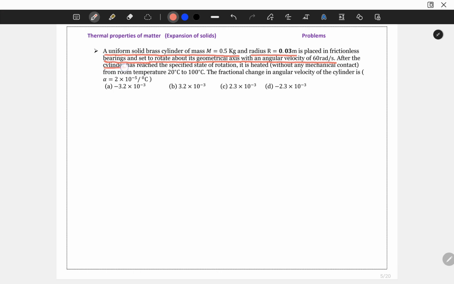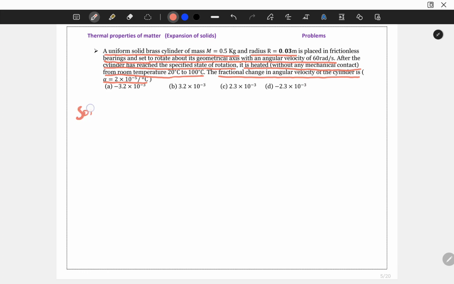After the cylinder has reached the steady state of rotation, it is heated without any mechanical contact, from room temperature 20 degrees centigrade to 100 degrees centigrade. The fractional change in angular velocity of the cylinder is, and alpha is also given.